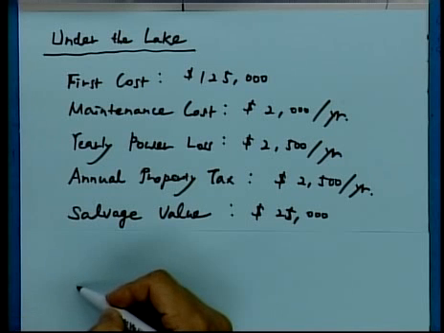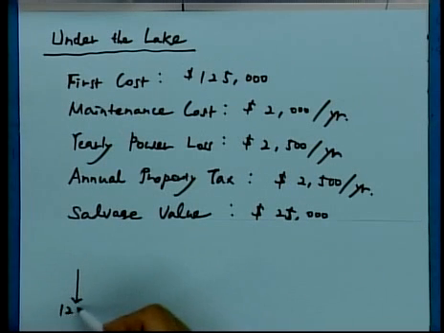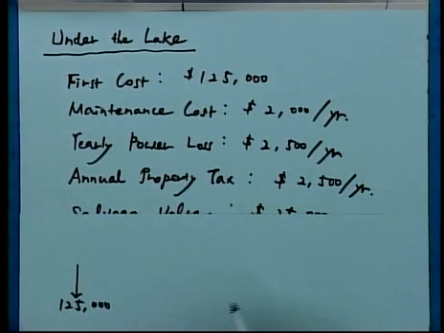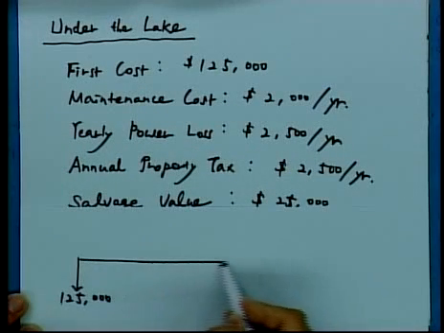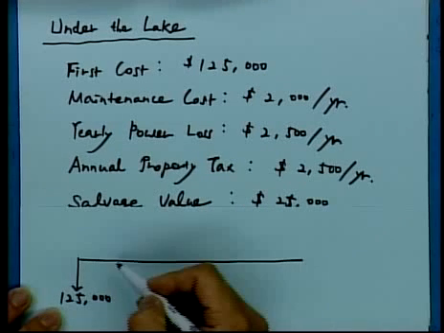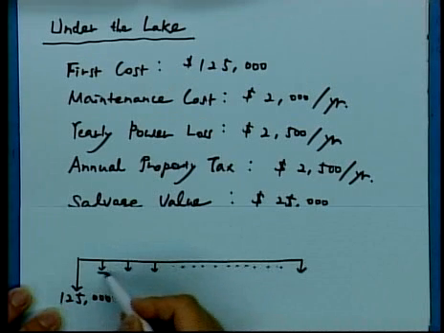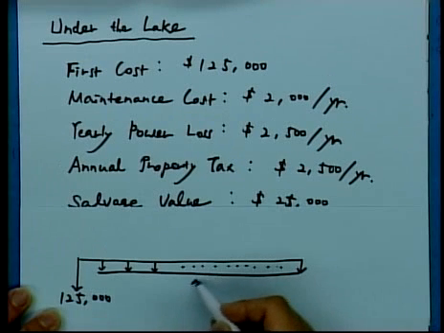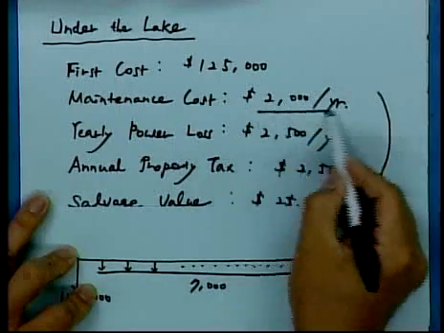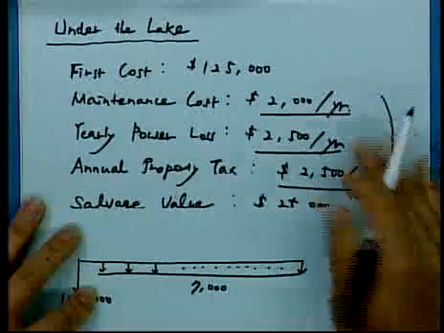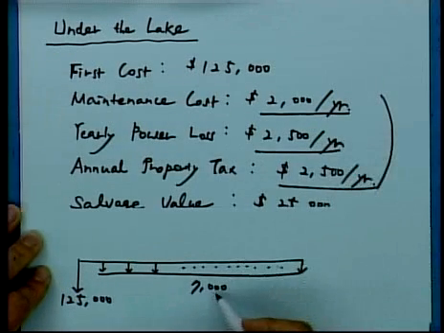So we need to consider the first cost of $125,000, and for the next 15 years there is an annual cost of $7,000 required, because if you combine all these three numbers, $2,000, $2,500, $2,500, it becomes $7,000.